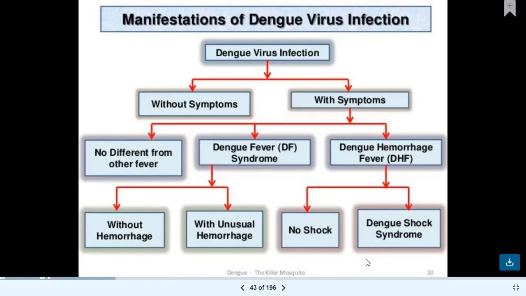If we talk about dengue fever syndrome, it is usually of two types: the first one is without hemorrhage, and the second one is with unusual hemorrhage. Dengue hemorrhagic fever, that is DHF, we can also classify into two parts, that is, no shock and dengue shock syndrome.